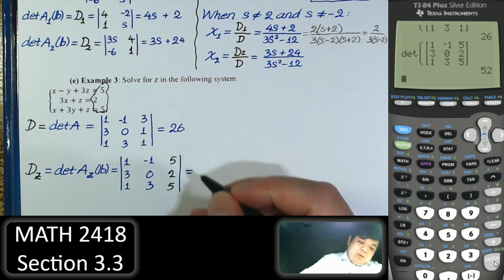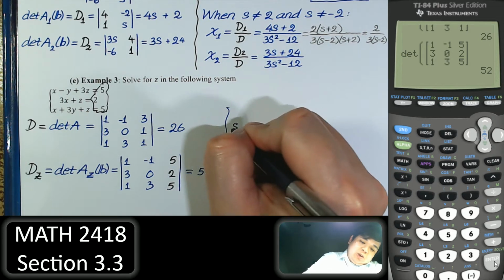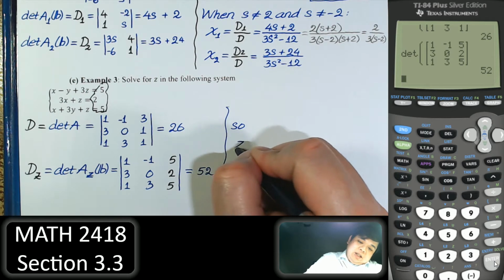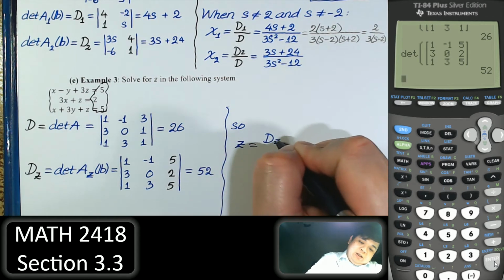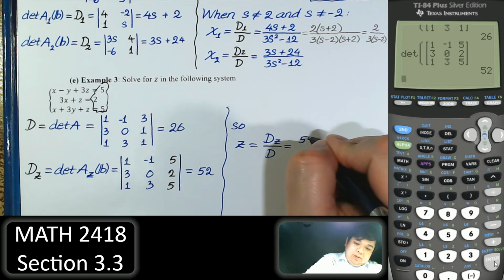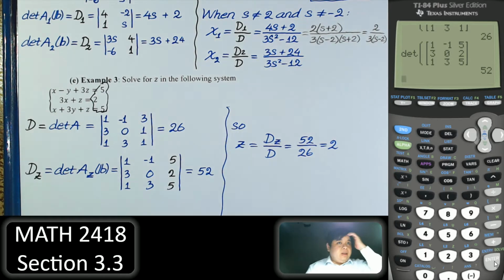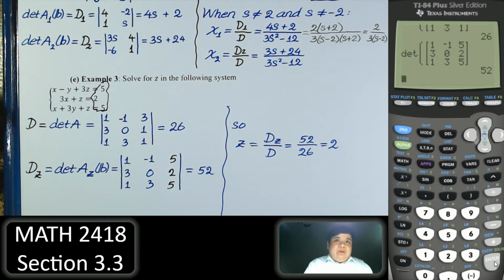So that's 52. So in that case, z is equal to dz over d. Still, it's nice, and we don't need x or y.